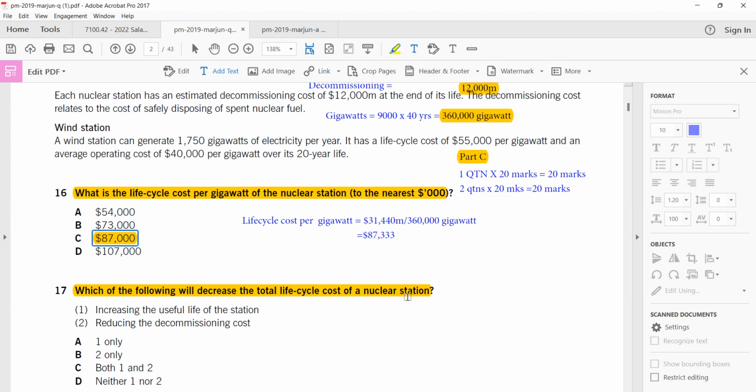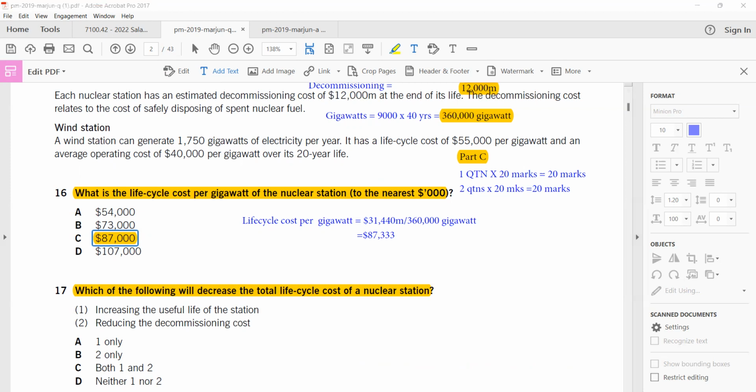I'll go for B. You go for what? For B. Why are you going for B? Because the question is focused on decreasing the total life cycle cost of the nuclear station, and the second option is aimed at reducing the decommissioning cost.